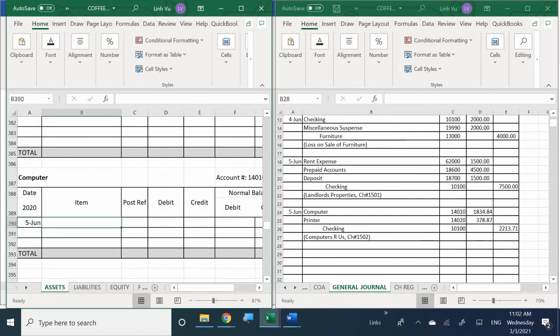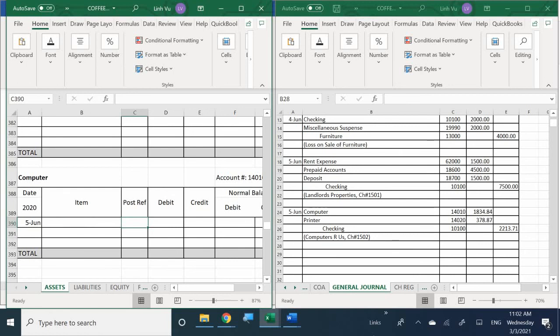Do you need to write that you purchased a computer if you're putting it into the computer account? No, it's pretty straightforward. You're increasing your computer assets, so it's pretty clear that you made a purchase of a computer. In this case, you don't need to be specific, because it's self-explanatory by you entering an amount in your computer asset account.